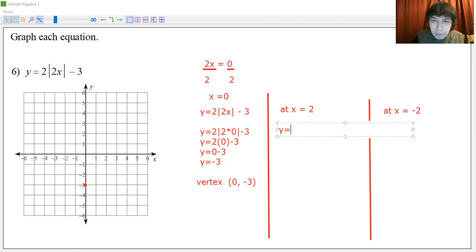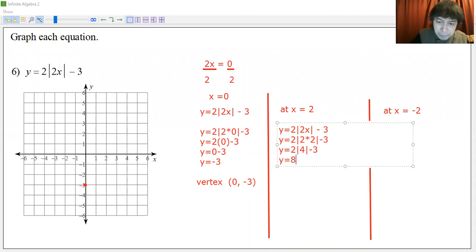We shall make use of the equation at this point. So y is equal to 2 times the absolute value of 2x minus 3. What will be the value of y at x equal to 2? This will be 2 times the absolute value of 4 minus 3, which results to 8 minus 3, which is 5.